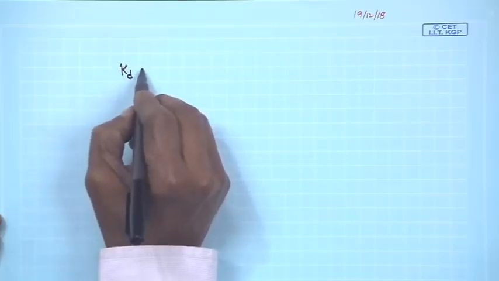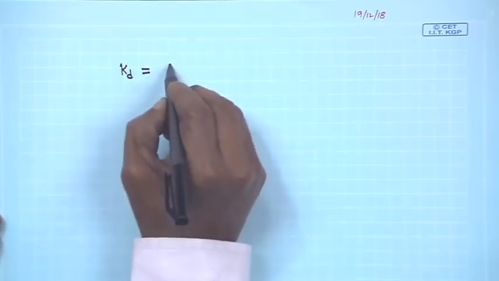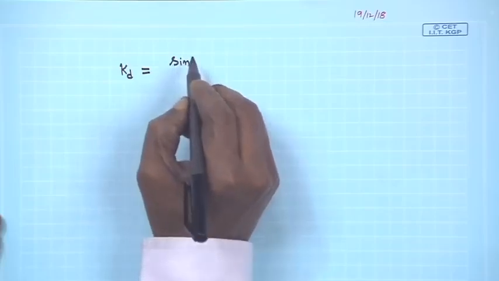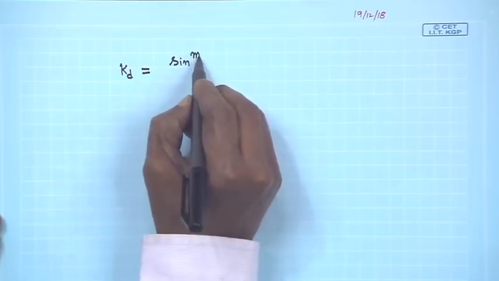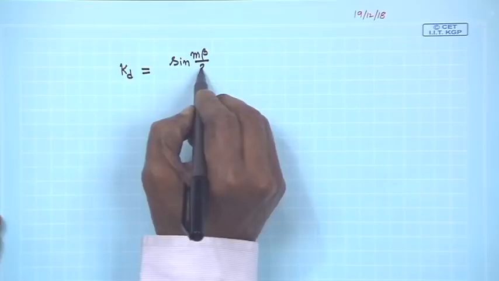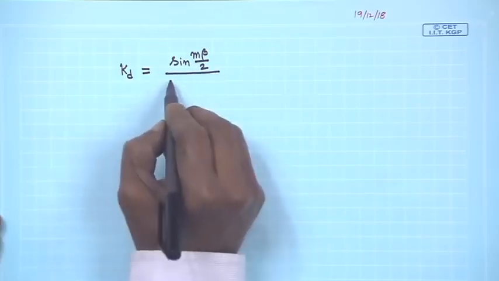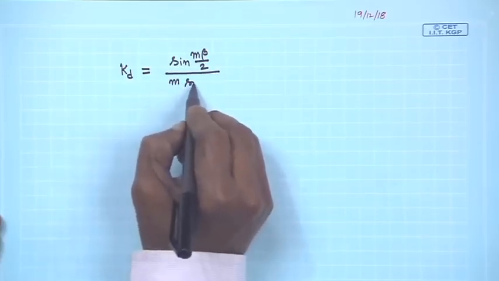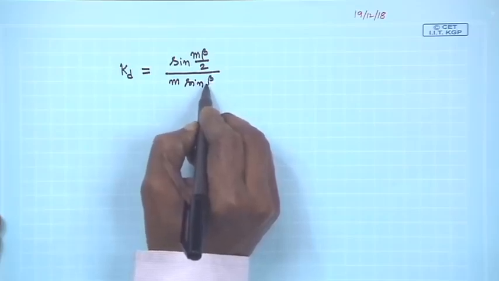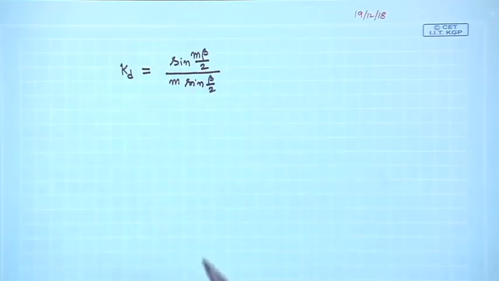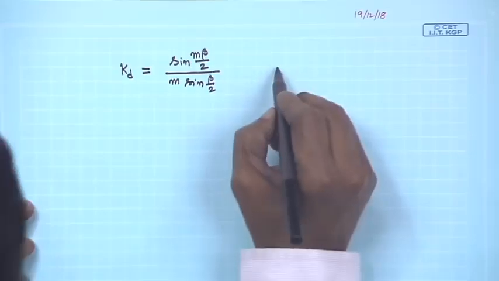If I write the formula straight away, it was like this: K d equals sin(m beta by 2) divided by m sin(beta by 2). What is m? What is beta?